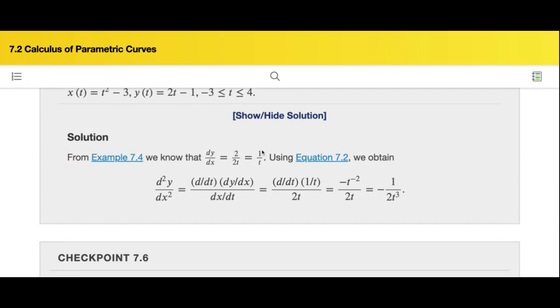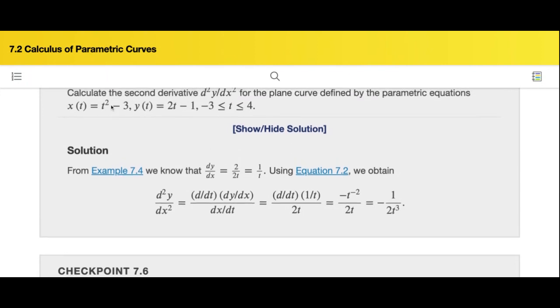Then we divide by dx/dt, which is 2t. So when we divide negative 1 over t squared by 2t, we get negative 1 over 2t cubed.